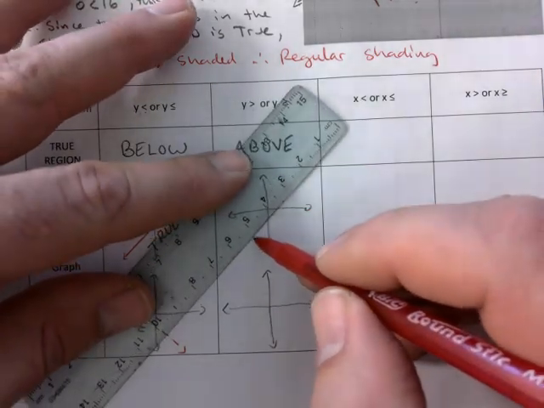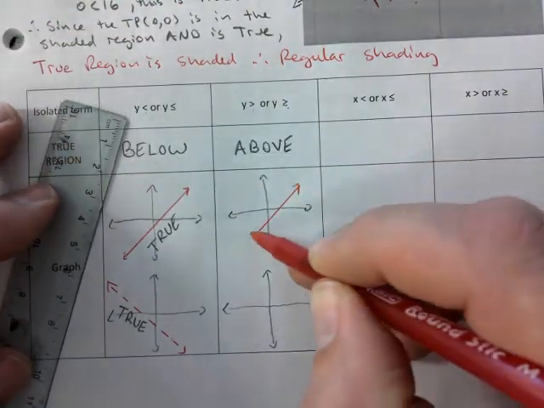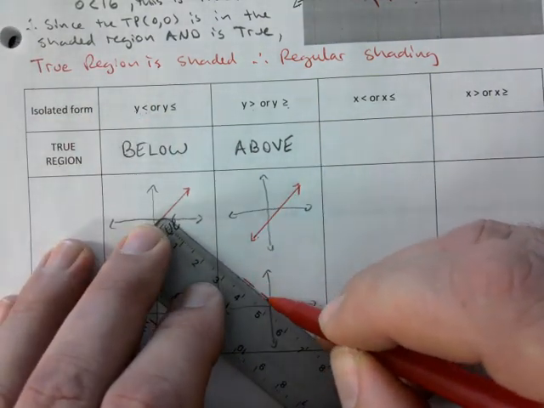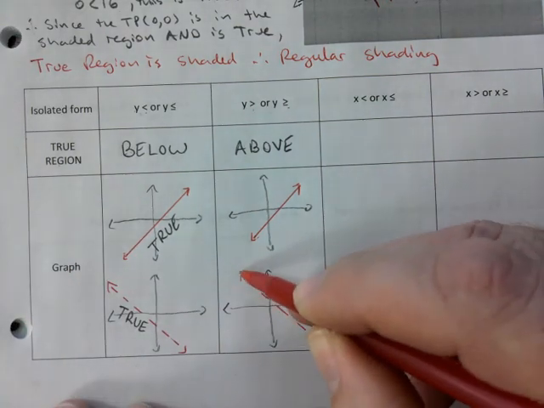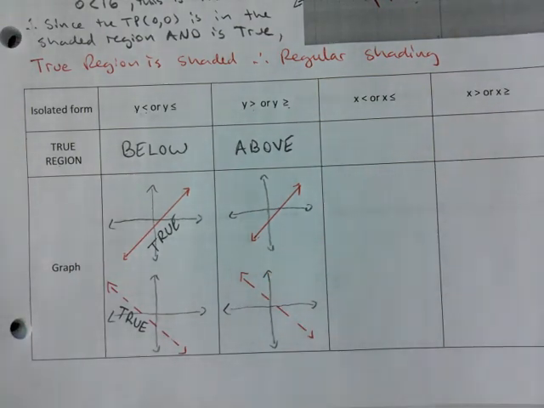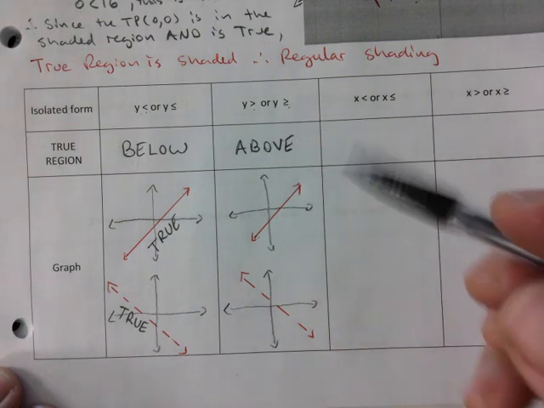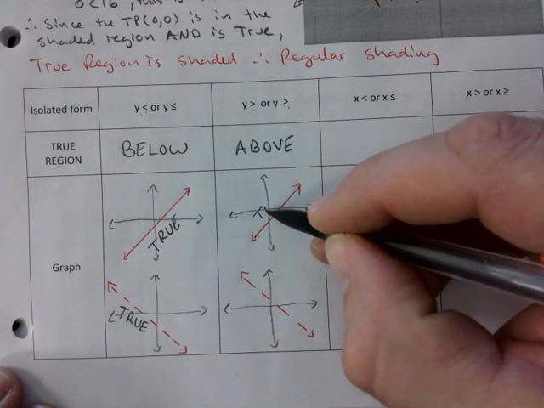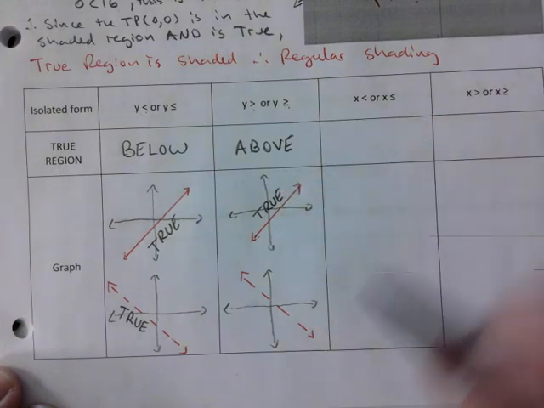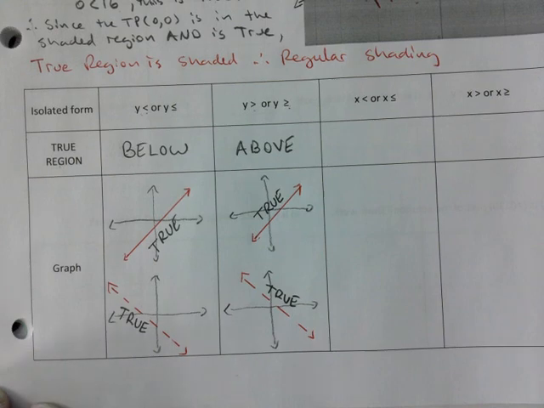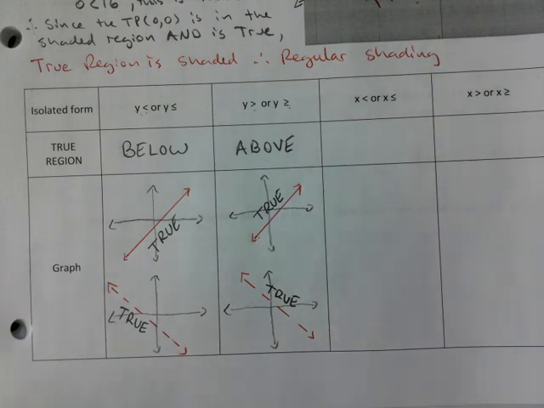If you end up with a y is greater than or equal to, then the true region is above the line. I focus on the true region. You must know that if the true region is above, then the false will be below, and vice versa, okay?